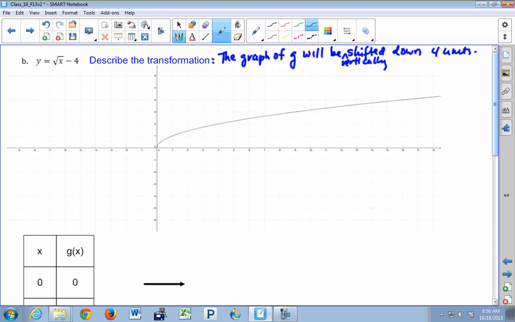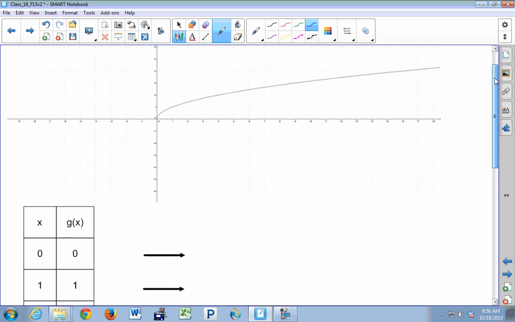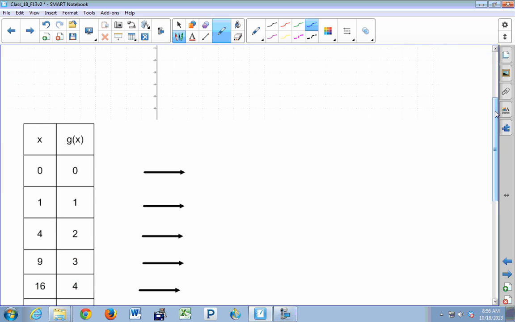You could also say, that means I'm going to subtract 4. I'm going to subtract 4 from which values? The y values, right. So I'm going to subtract 4 from all my y values. And when you put it in those terms, it helps you do your little table here. Because you say, okay, here are my original points on my original function, right here.